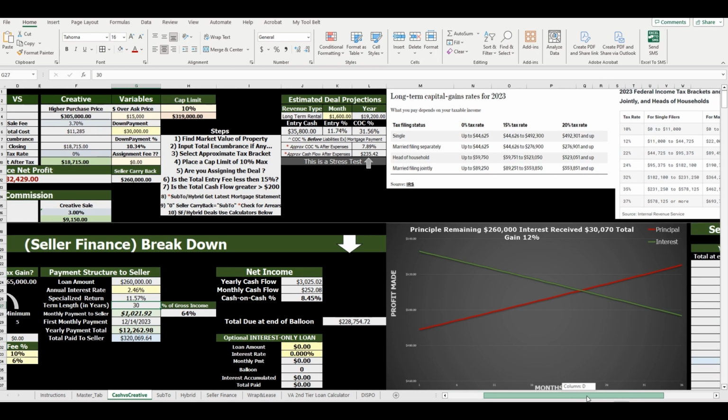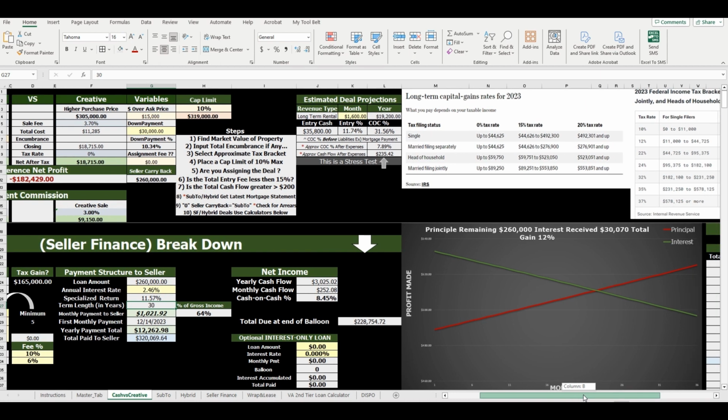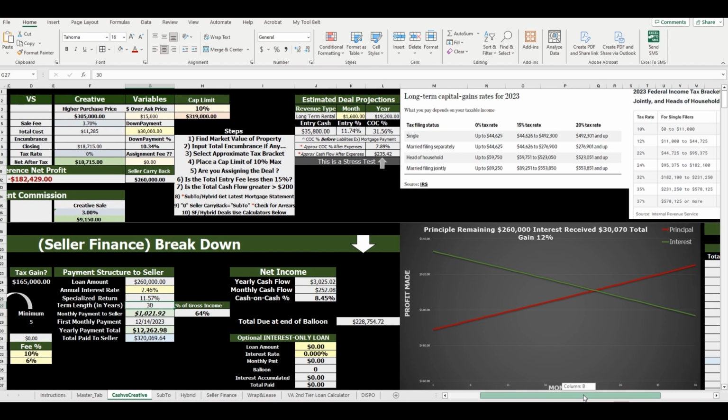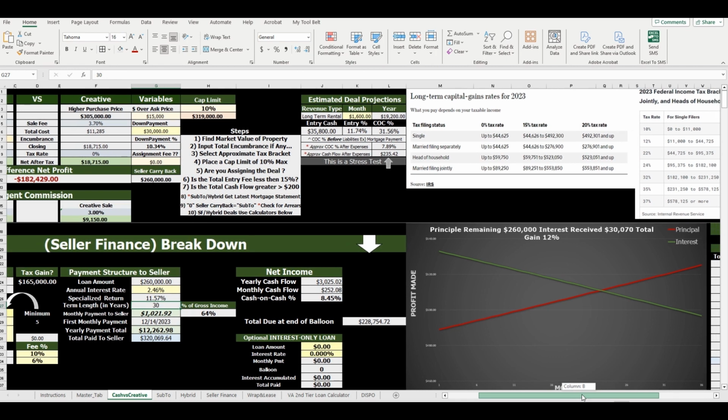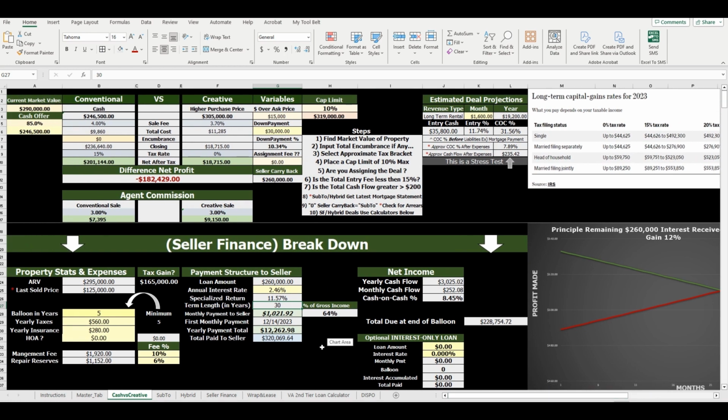That could be a really good gain for most people, because most people just have their money in a traditional checking account and are probably getting 0.25% every single year from their tax savings account. So that's terrible. So this is how we are able to do a reverse seller finance.